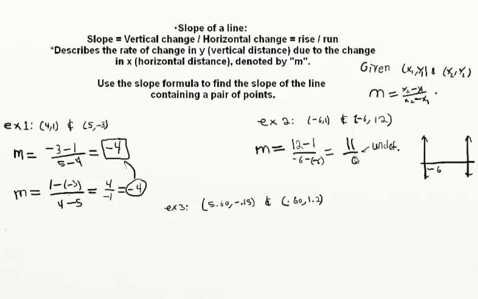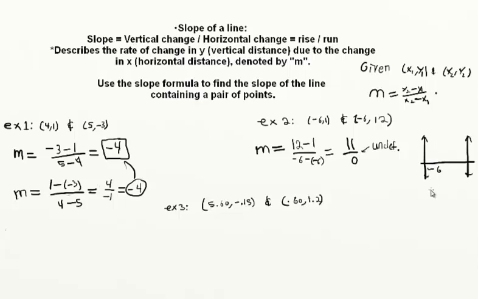And if you notice here, 11 over something close to 0, let's say 11 over 0.001, or maybe 11 over 1 millionth, is an extremely large value.